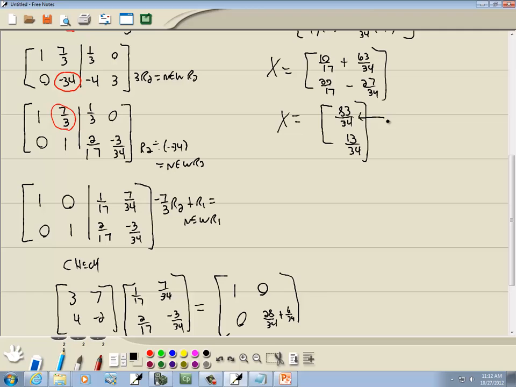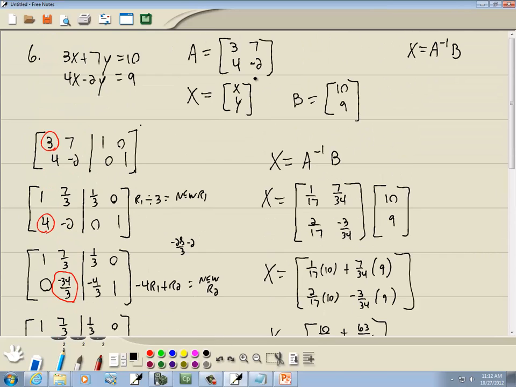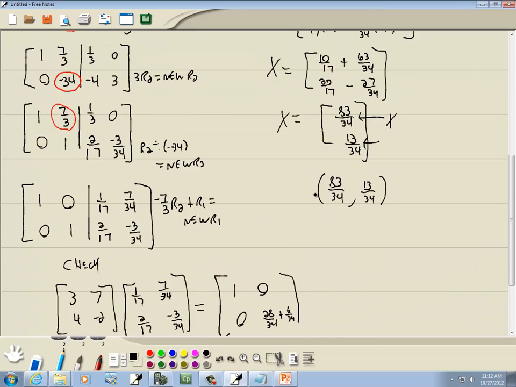Because this would be x and this would be y. So we're saying our answer is 83/34 and 13/34. Okay, so we're going to check that into our original equation and see if that works. That's a true test. So we're going to check it in 3x plus 7y equals 10.